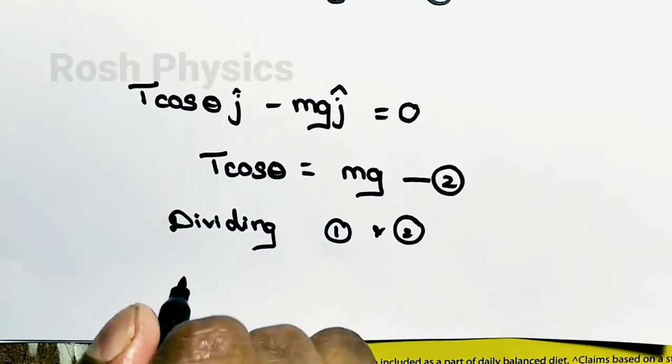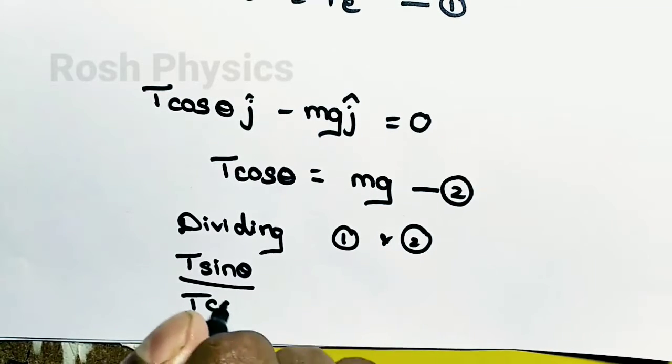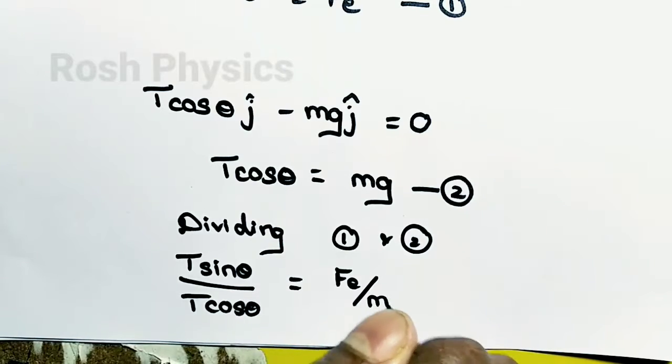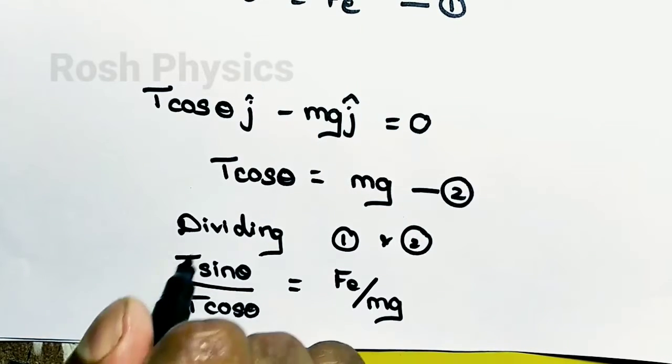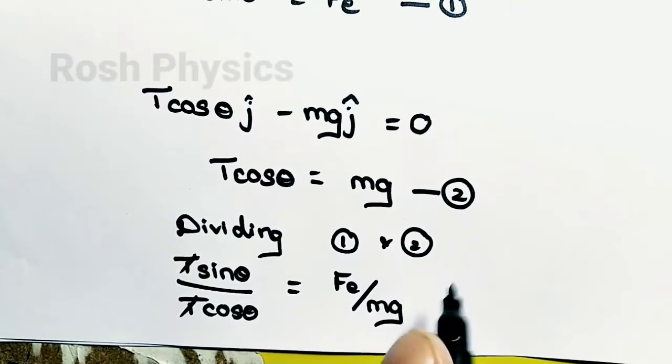We get T sin theta divided by T cos theta is equal to Fe divided by mg. Cancelling T and T, sin theta by cos theta is equal to tan theta.